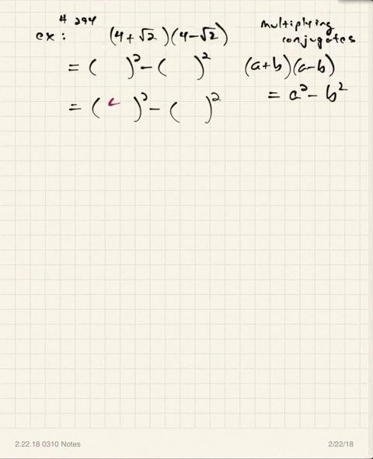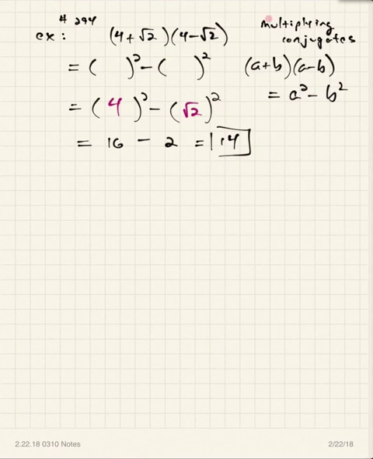So I put in a 4 here and a square root of 2 here. So that's just 4 squared minus the square root of 2 squared. And so you get 16 minus 2, and you end up with 14. Notice you don't even end up with a radical in your answer there, which is actually important.